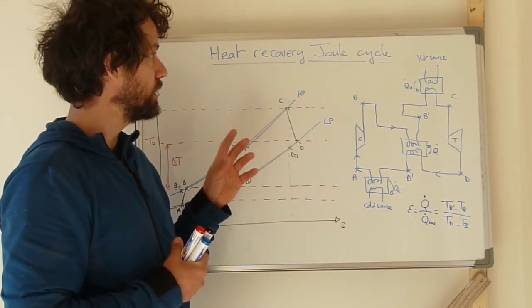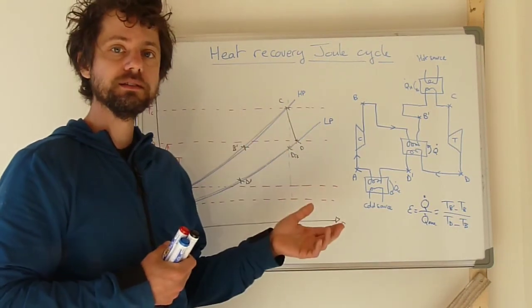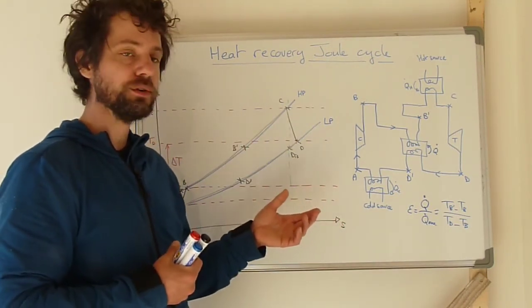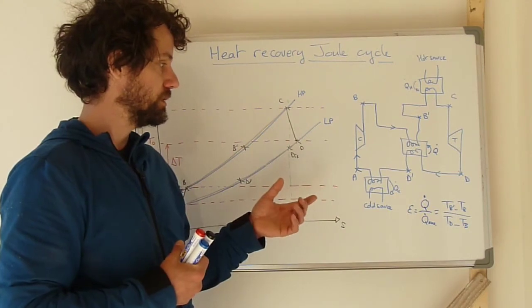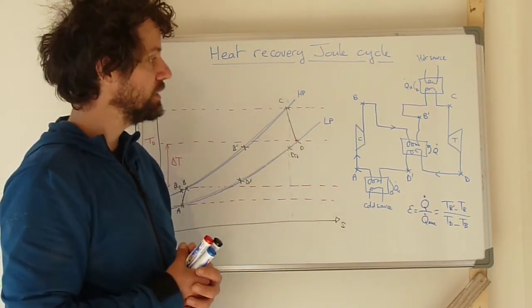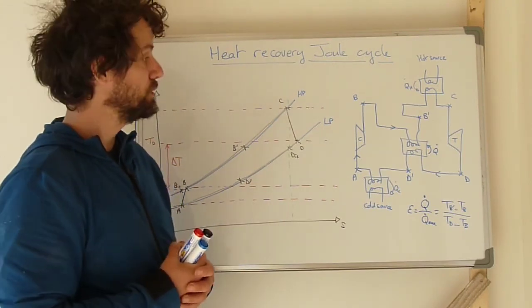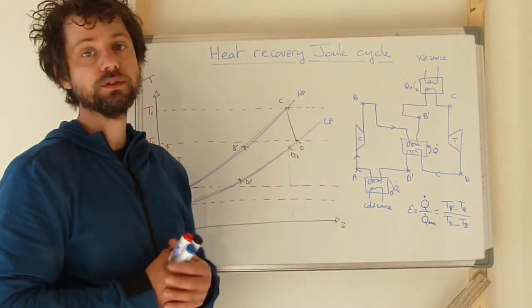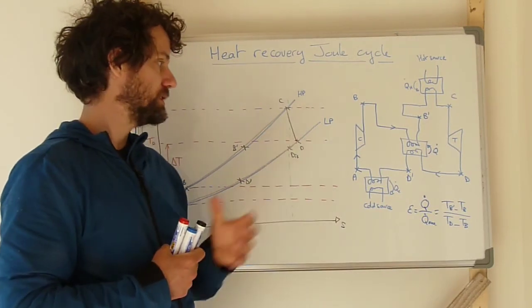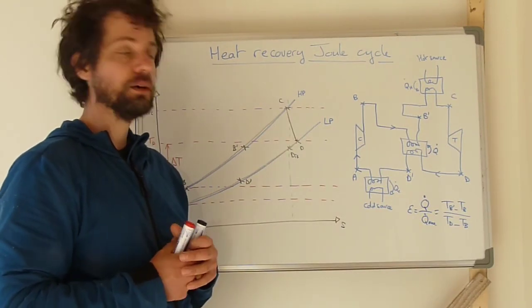But if the gas turbine is used, for example, for airplane engine, in that case it would be way too heavy to use this, so this kind of solution cannot be adapted for airplane propulsion.